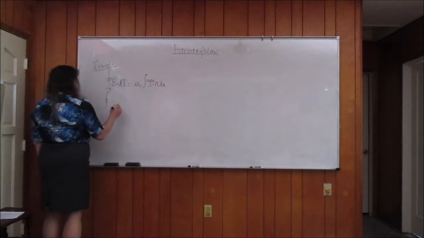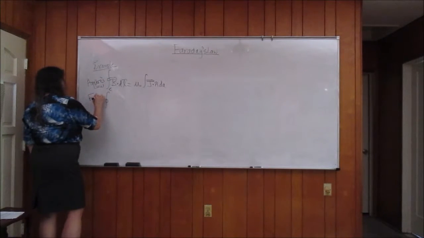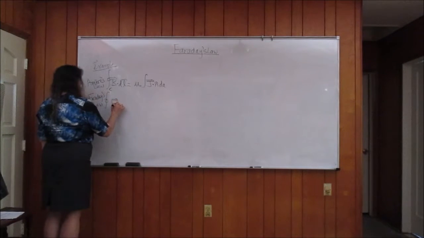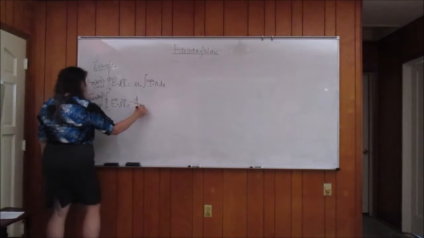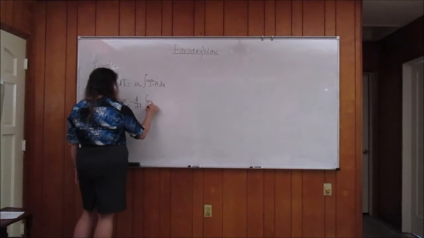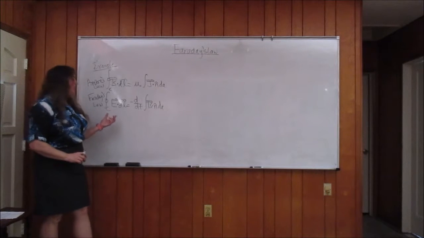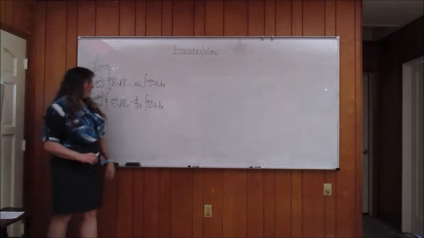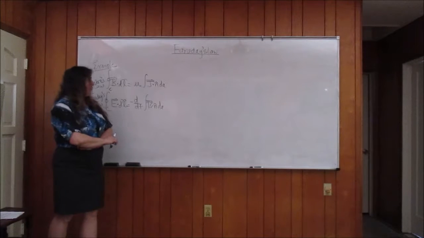Okay, now we have Faraday's law. It tells you that the line integral of the electric field around a closed path is equal to minus the time derivative of the magnetic flux through a surface that spans that loop.